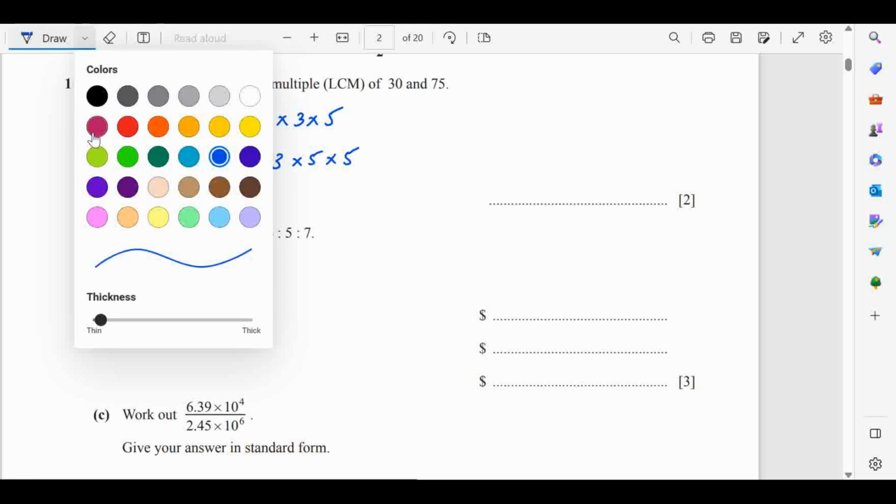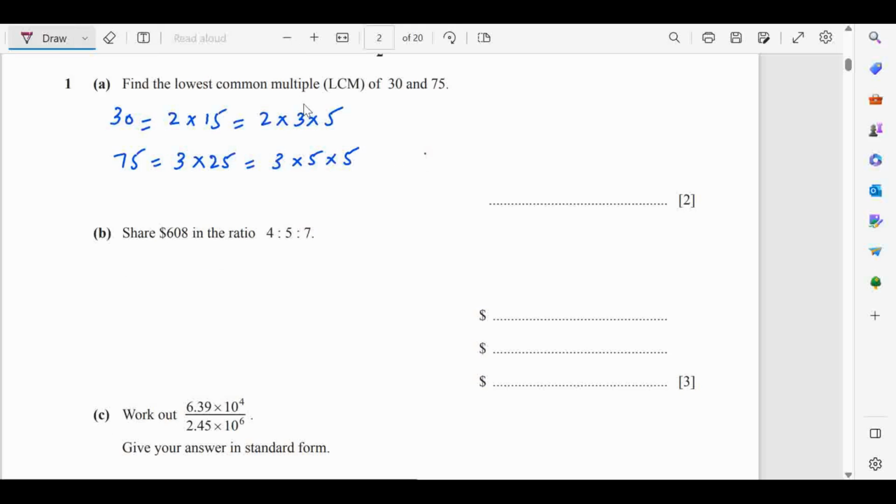Now we can clearly see that the 3 is common, and one 5 is also common. So the LCM will be equal to 2 multiplied by 3 multiplied by 5 multiplied by 5.